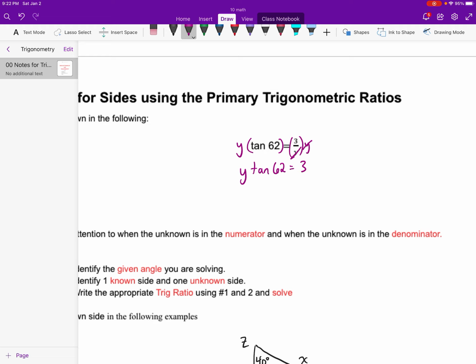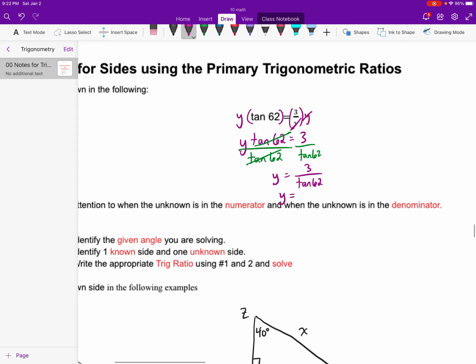To isolate y, we divide out the tan 62, because remember that just represents a number. So tan 62 crosses out, and now we have y equals 3 over tan 62.